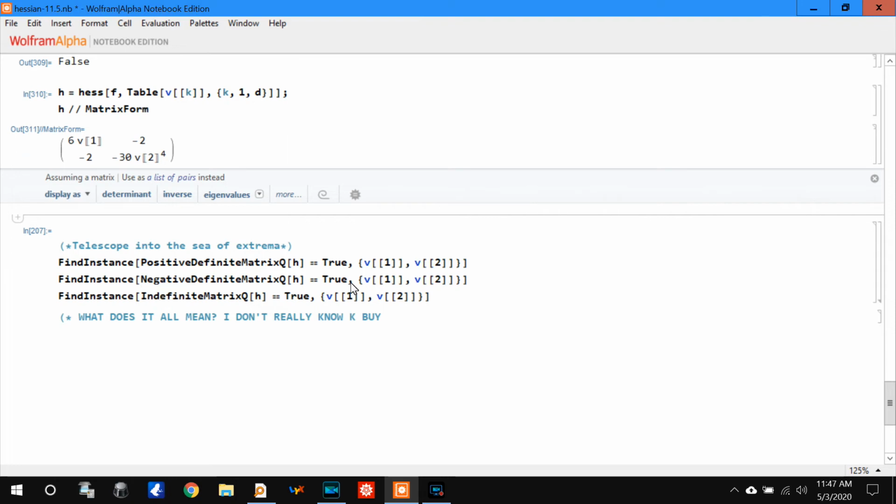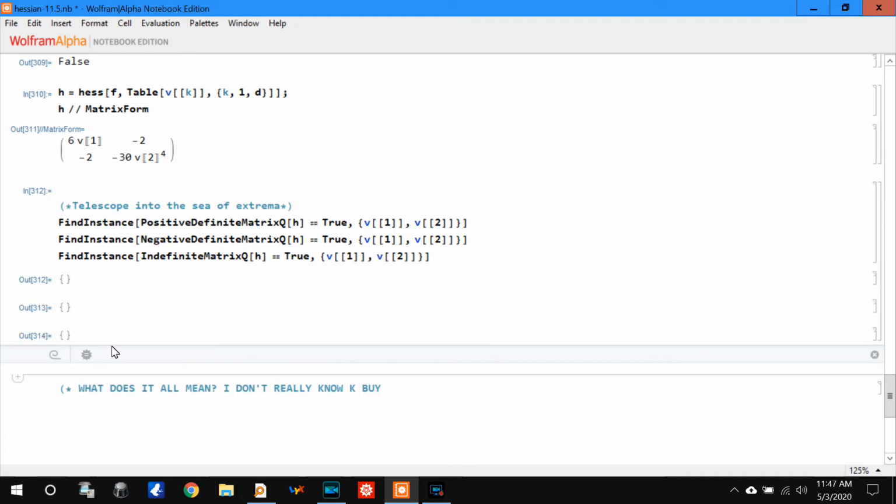Where is it negative definite? And then when is it true that it's indefinite? And for this one, it's empty, which means that for that Hessian, it's never positive definite, never negative definite, and never indefinite for any value of the variables.